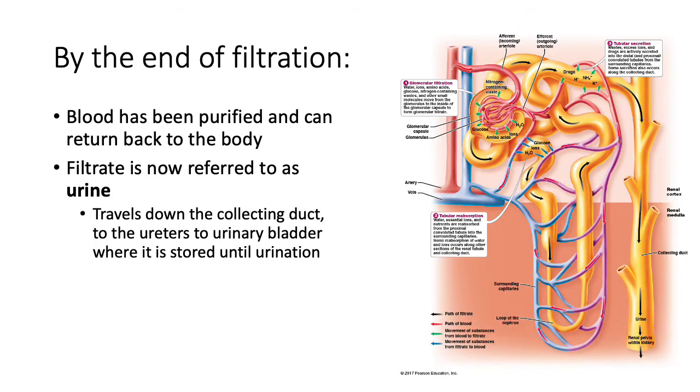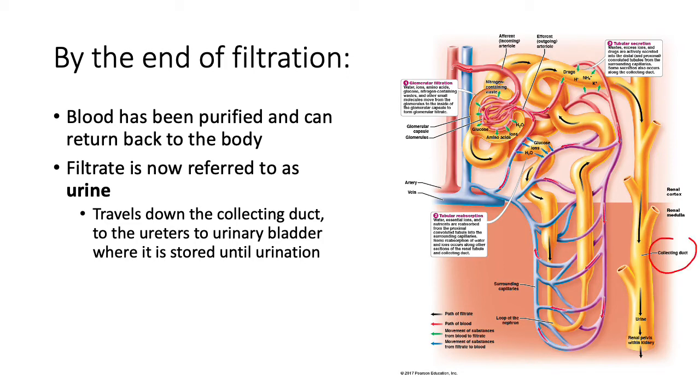And that is that by the end of filtration, blood has been purified. It can then go back and return to the body, pick up more waste, and come back to the kidneys later. And at this point now, the filtrate, that is the fluid or concentrated substance that is now in the tubules, is now considered urine.